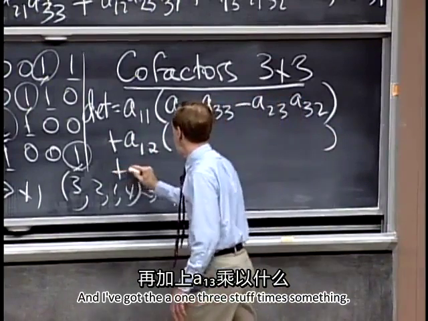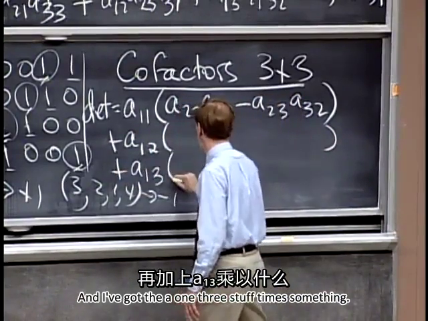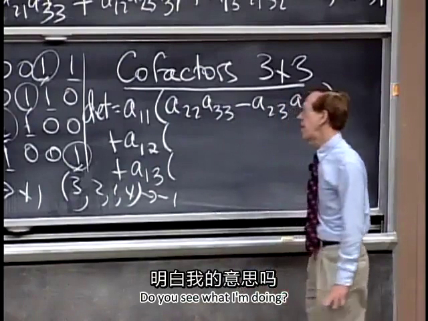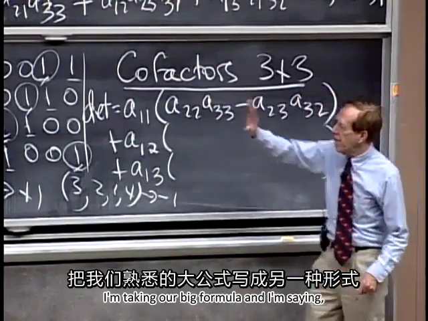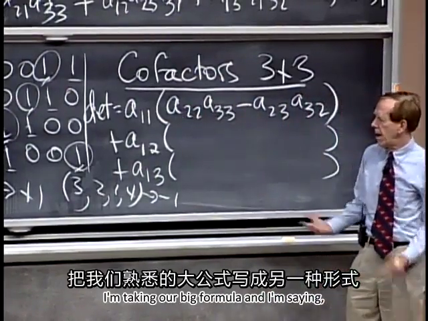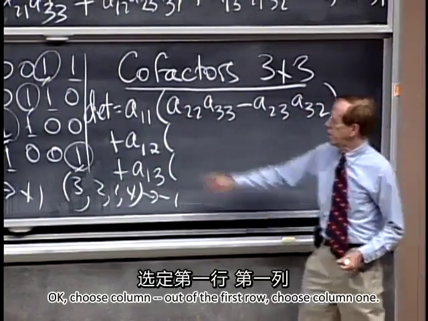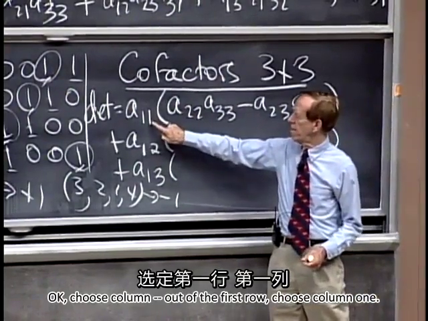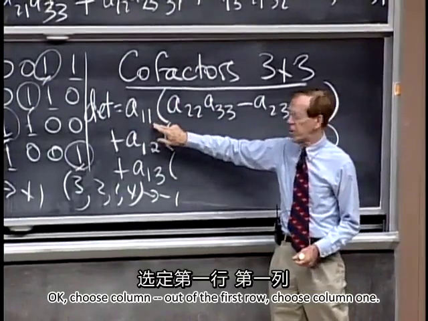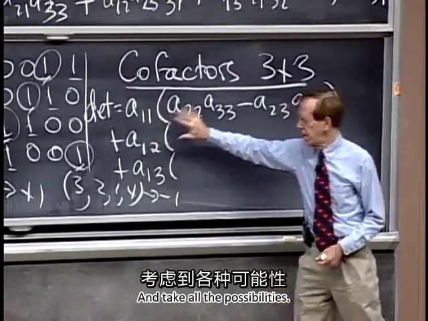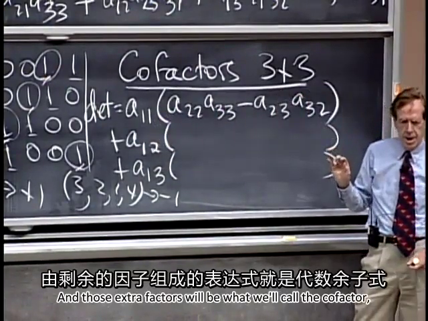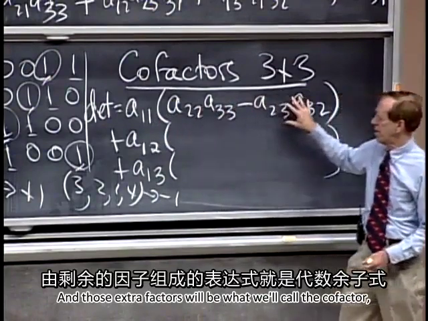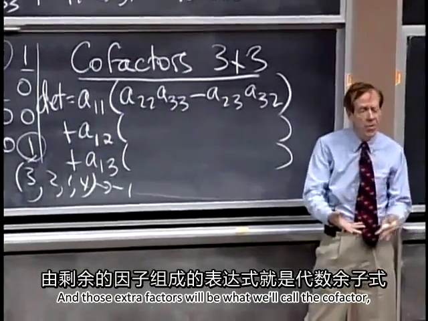And I've got the A13 stuff times something. Do you see what I'm doing? I'm taking our big formula, and I'm saying, OK, choose column 1 out of the first row, and take all the possibilities. And those extra factors will be what we'll call the cofactor.